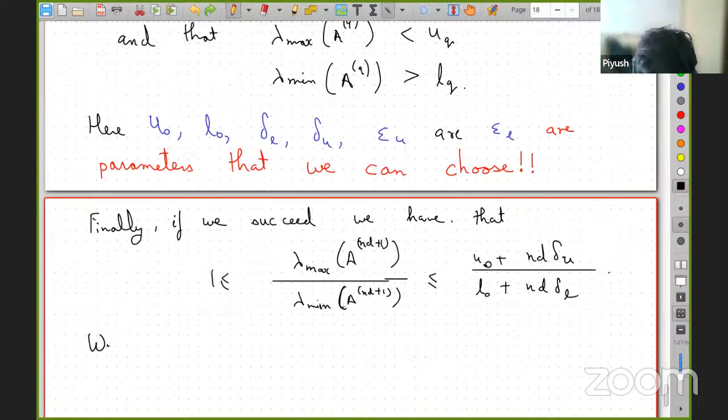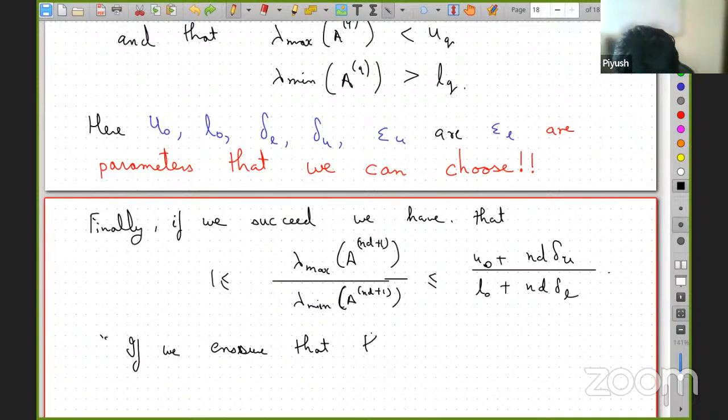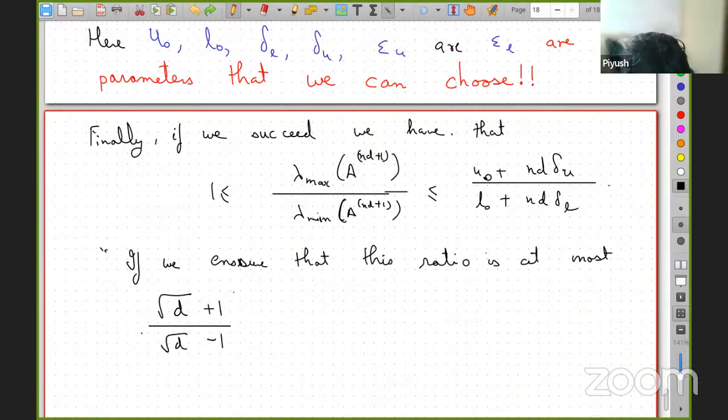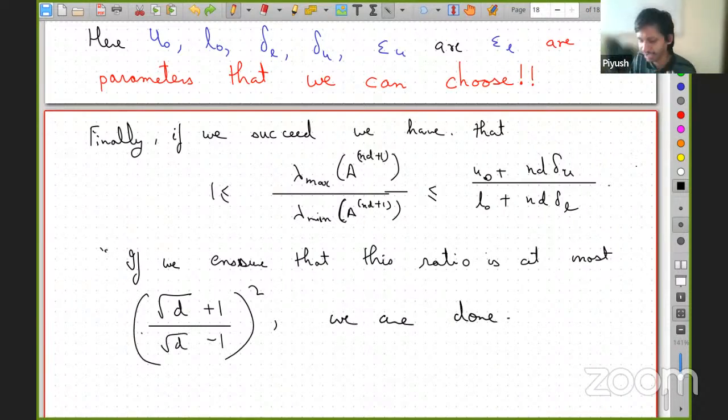So if we ensure that this ratio is at most whatever we wanted, say (d+1) over (d-1)—in general, whatever we can get for this ratio will be our approximation.